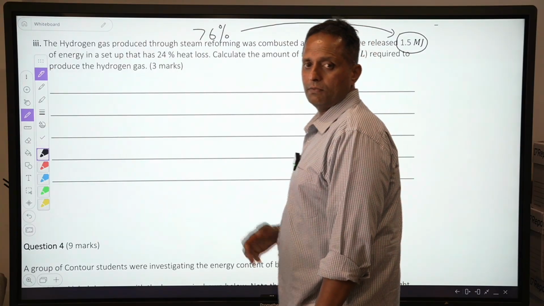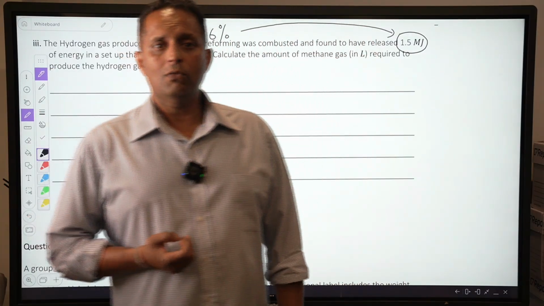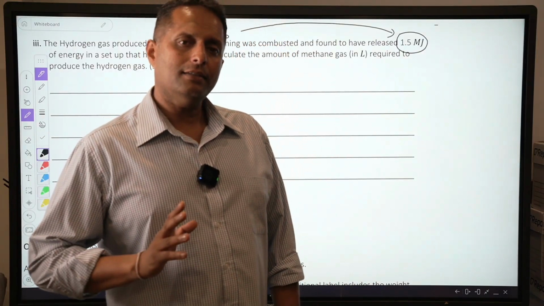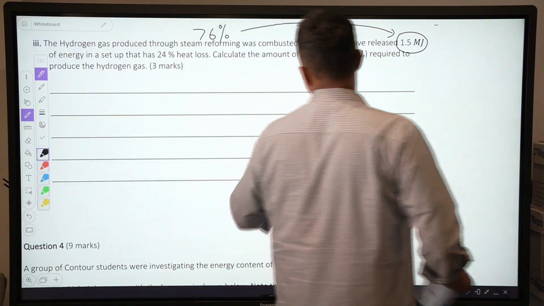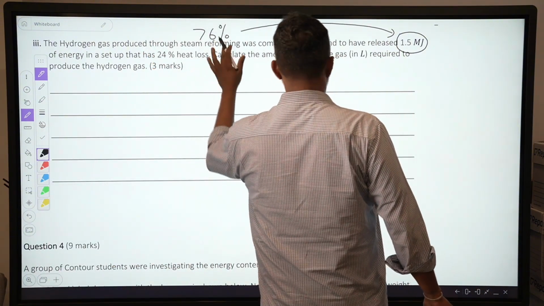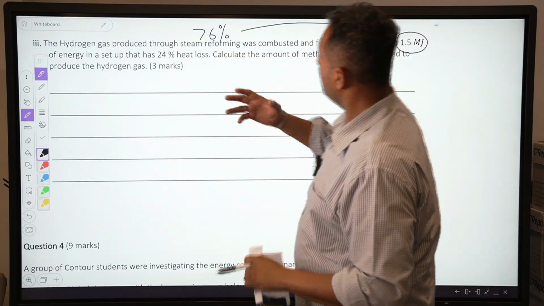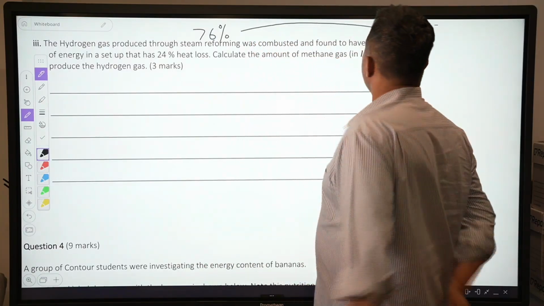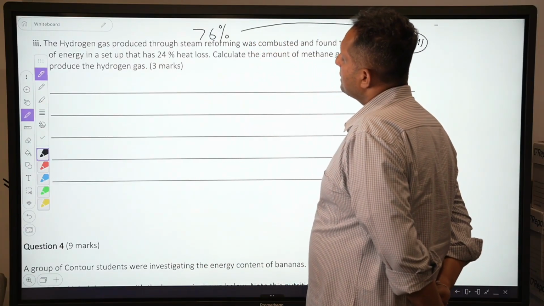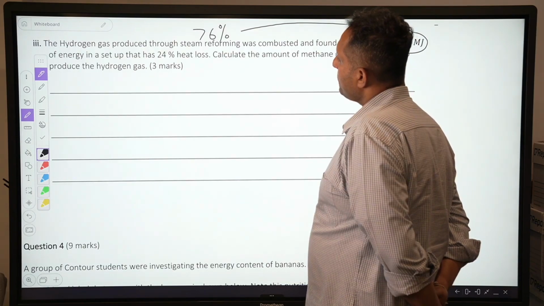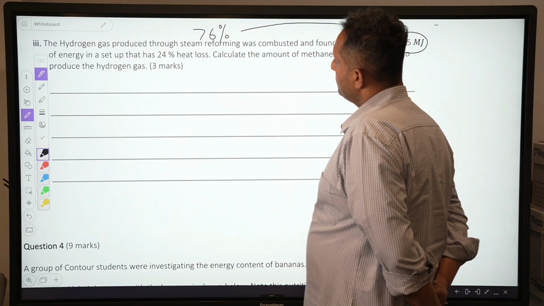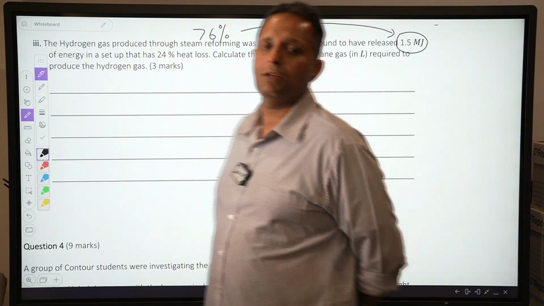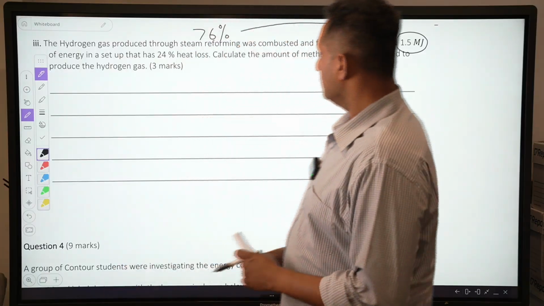Now, to do this question, we need to find out the original amount of energy the hydrogen has released, because only 76% of that original amount is 1.5. So firstly, we need to work out what the original amount is.